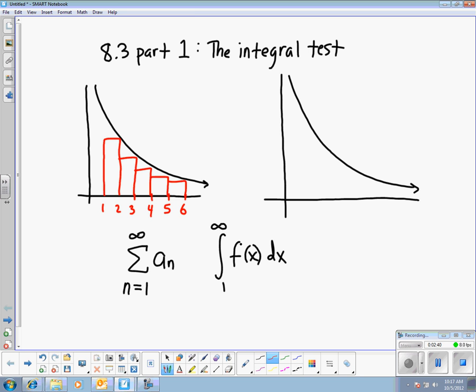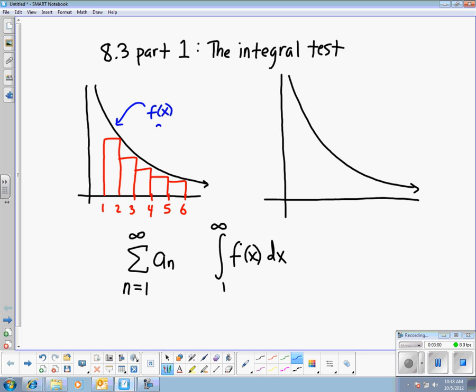So let's say that this function, f of x, at its area from 1 to infinity is finite. Or let me just say that it converges.